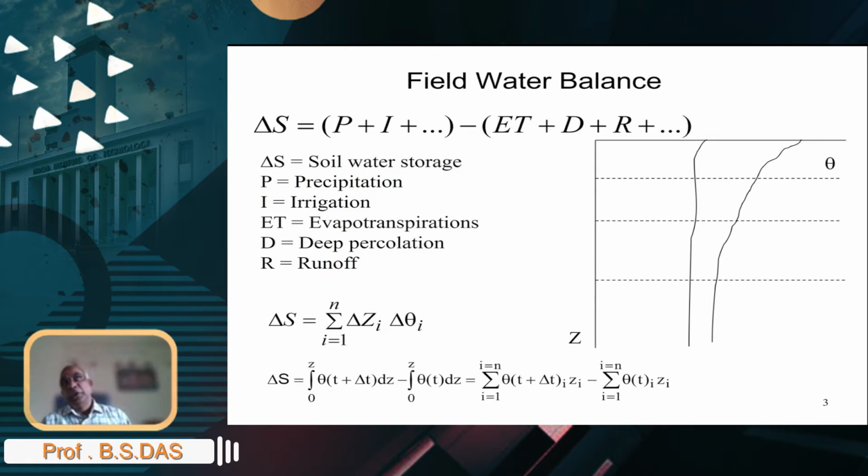And of course, soil does not retain all this water which is added. Some of the water gets lost through either evaporation or transpiration. We sometimes have difficulty in separating out the evaporation and the transpiration components, so we generally tend to lump these two parameters into evapotranspiration.